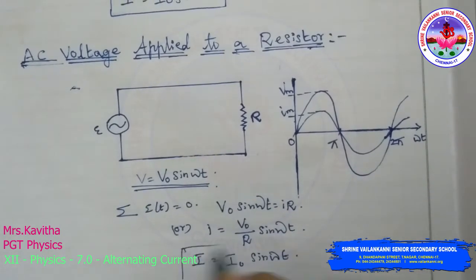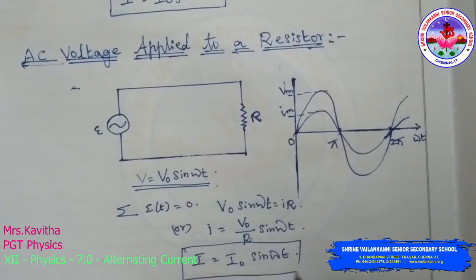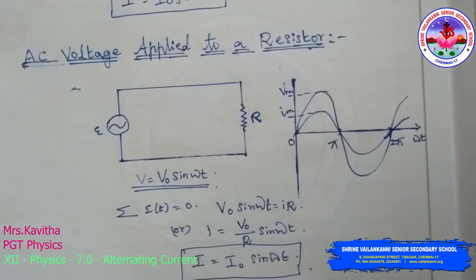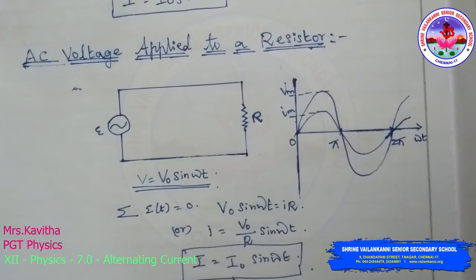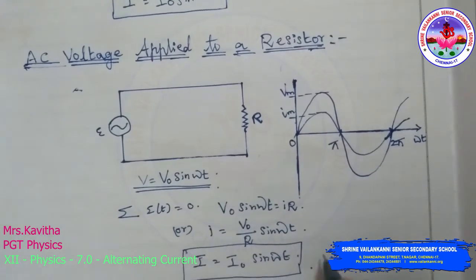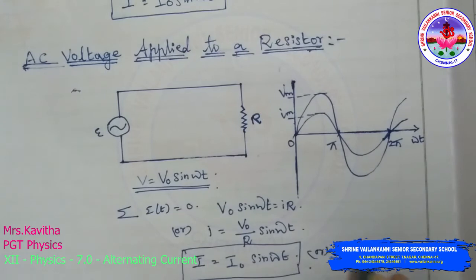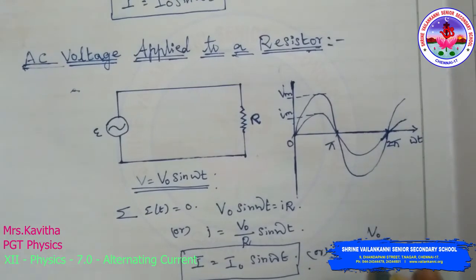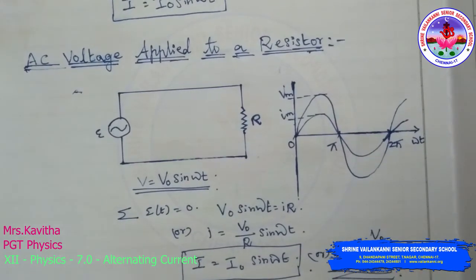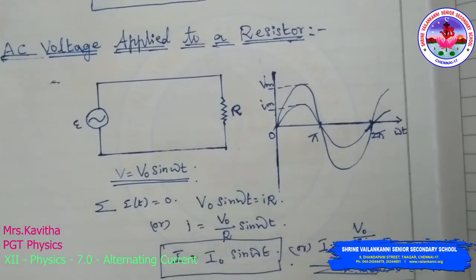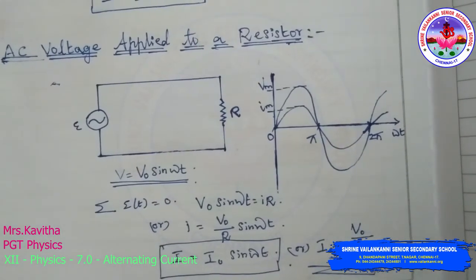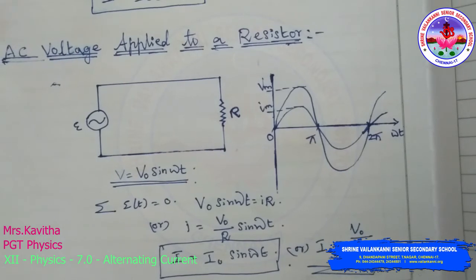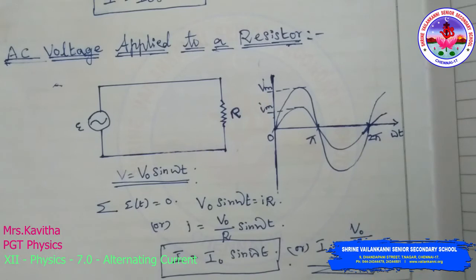That is how we get the current which varies in magnitude continuously and reverses its direction periodically, where the current amplitude is I naught, so I naught equals V naught by R. This is just Ohm's law, which for a resistor works equally well for both AC and DC voltages.